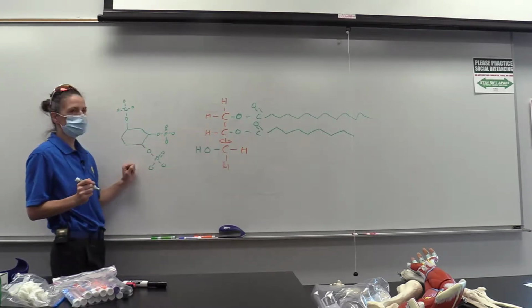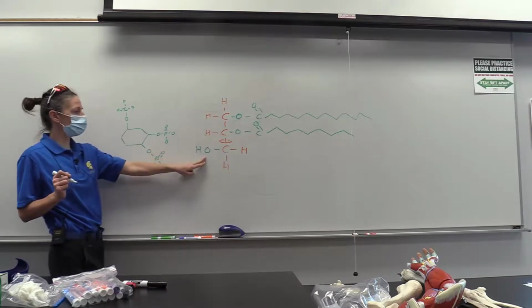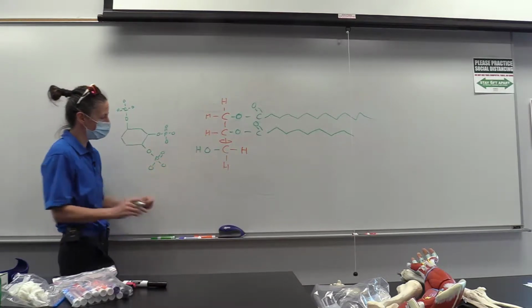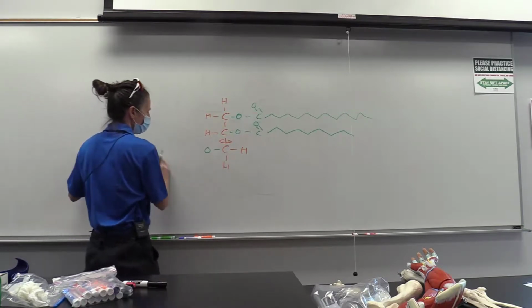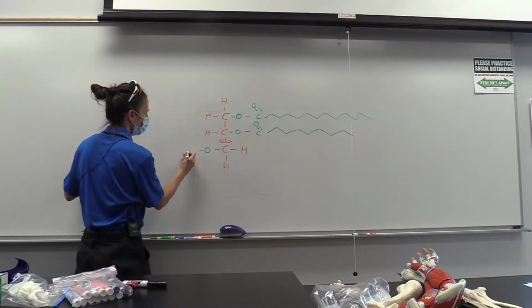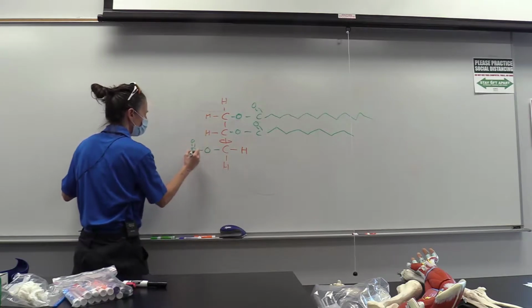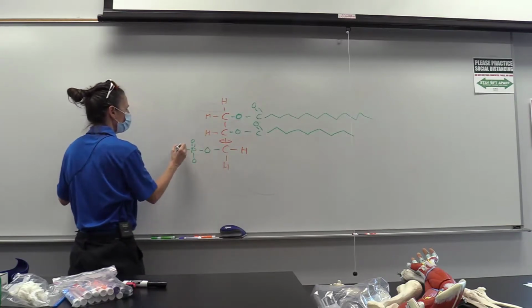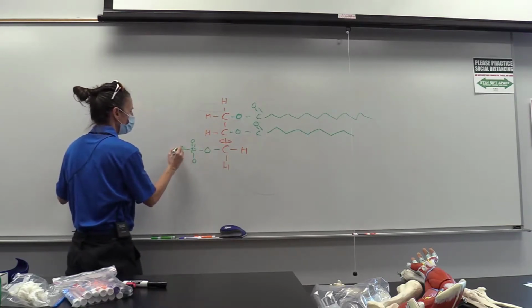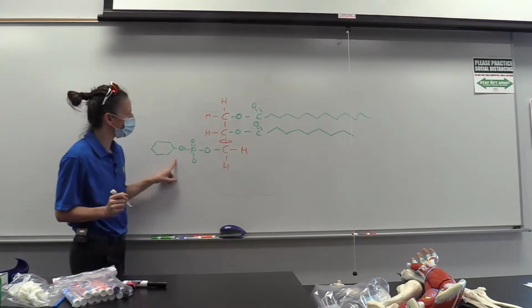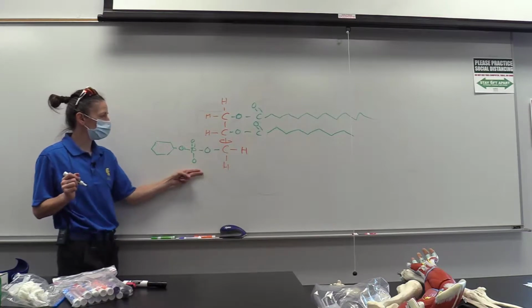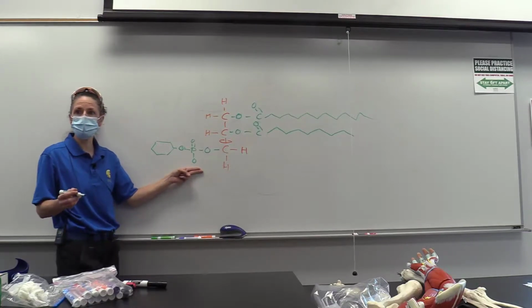It's got phosphate groups on it, right? One of these phosphate groups can link over here, right? And we could link this molecule over here, and we'll end up with something like this. And then we'll have the rest of the molecule. I'm not going to get too picky about what the rest of the molecule is, just that we have the rest of the molecule. So this is a phospholipid, right?